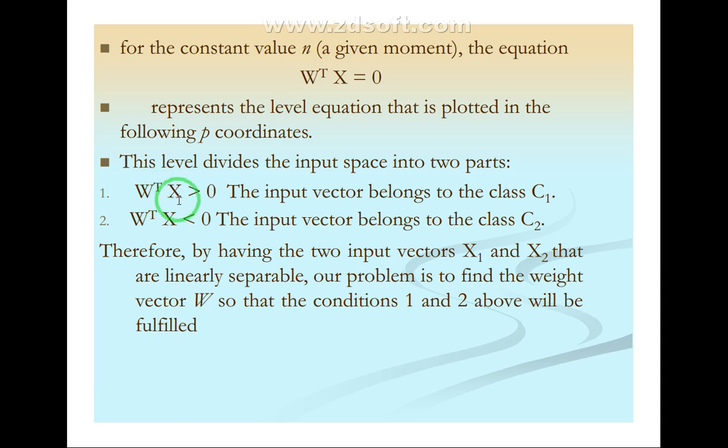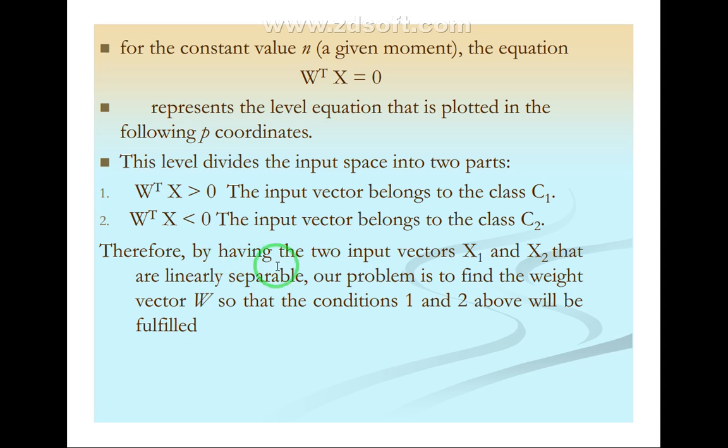When w times x is greater than 0, the input vector belongs to class C1, and if w times x is less than 0, or if it is -1, the input vector belongs to class C2. So it is doing a classification for you. It is dividing the input vectors into two classes, class C1 and class C2.